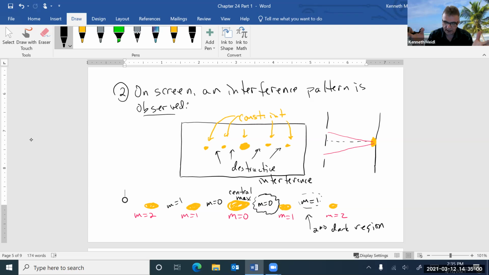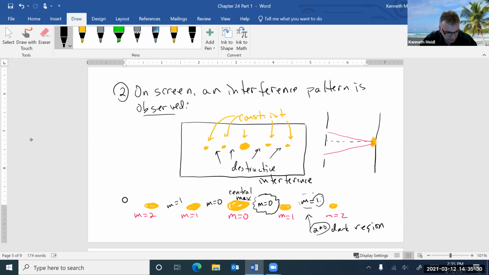The first bright spot is m equals 1. Second bright spots are m equals 2. The first dark spots on both sides of the central maximum is where you start counting dark spots. That's m equals 0. So really, the first dark region is labeled 0, and then each dark spot after that gets a number bigger than that. And so we have to be careful because here you have the number 1, and here it's really the second dark region. So just keep that in mind.